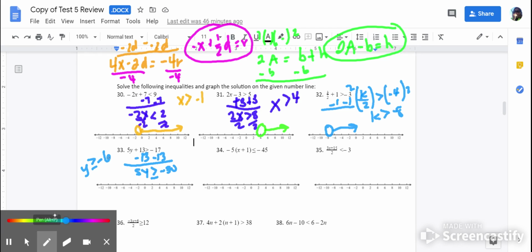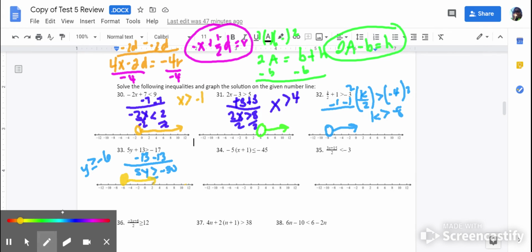Now notice when I get ready to graph this, it is greater than or equal to, so the dot that goes on my number line will be closed because it is included, and the values are larger than negative 6. Although what I've graphed here was positive 6, so I need to fix that. Negative 6, and we're looking at numbers larger than negative 6.